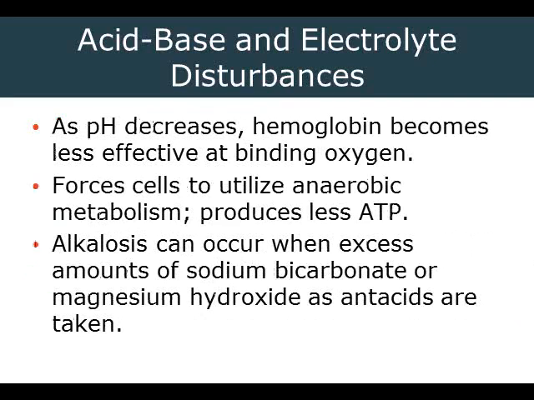So as pH decreases or they become more acidic, the hemoglobin becomes less effective at binding the oxygen. So the more acidic the body gets, the less likely that the hemoglobin is to work.